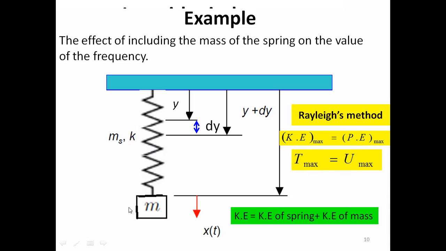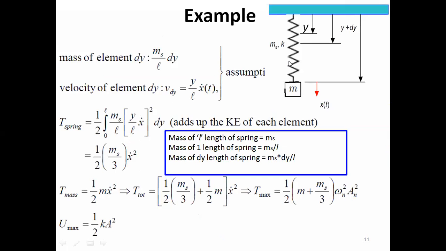Kinetic energy, here we have two masses. One is the lumped mass, which is suspended through the spring, so it would have a kinetic energy, and the other, as the spring has mass, would also have kinetic energy. So the total kinetic energy of the system would be kinetic energy of the spring plus kinetic energy of the mass.